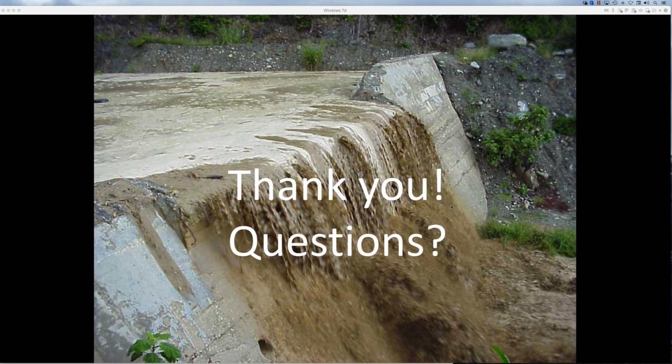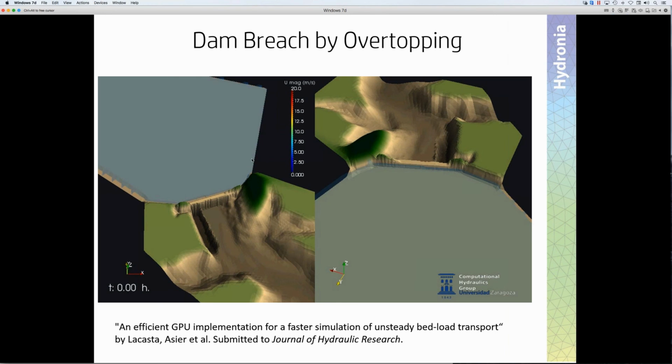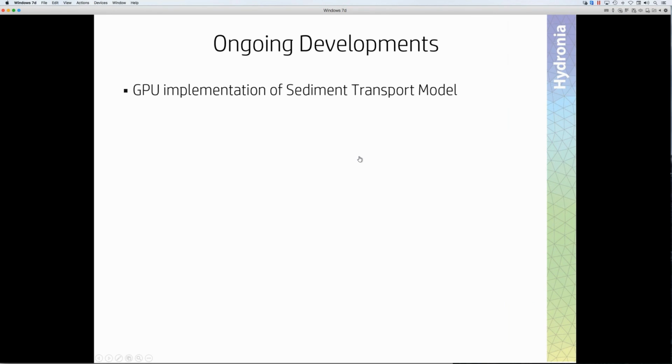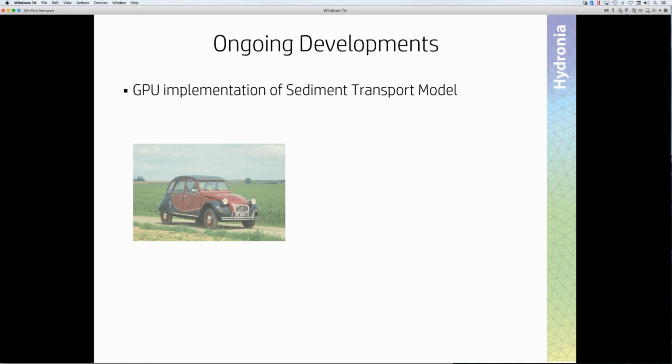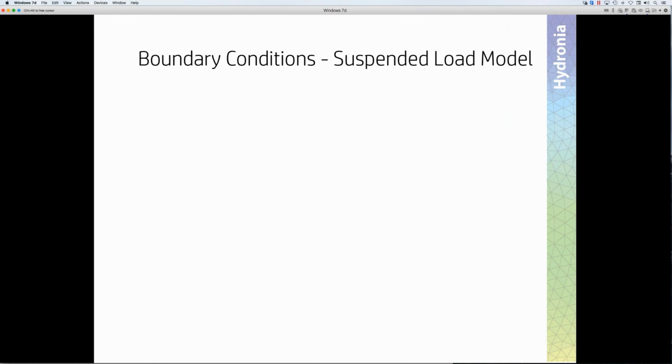What is the runtime like using the ST module without a GPU? Well, unfortunately, we didn't have sound when I was presenting this, but these results are, let me go back here a little bit.